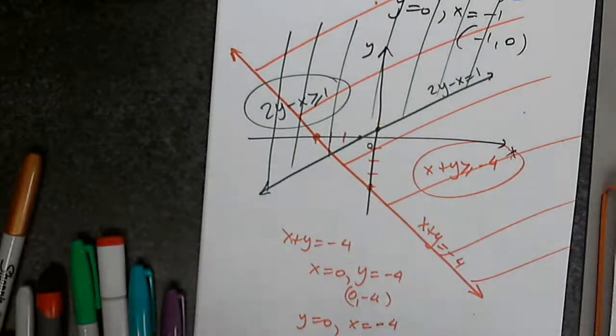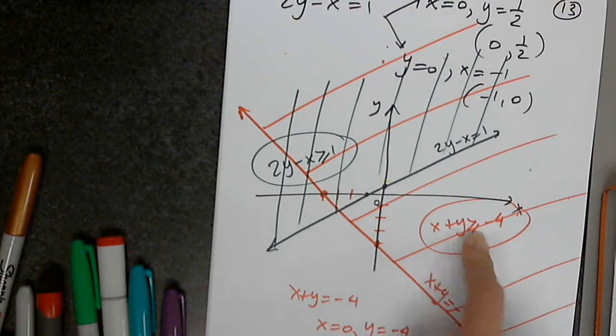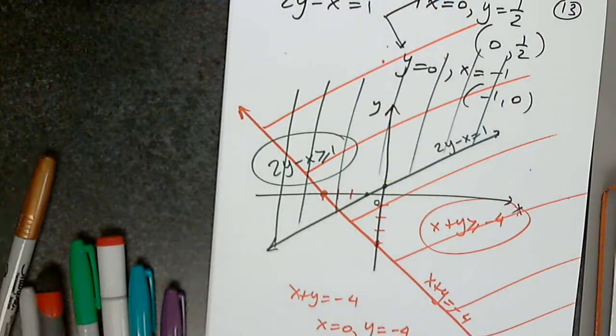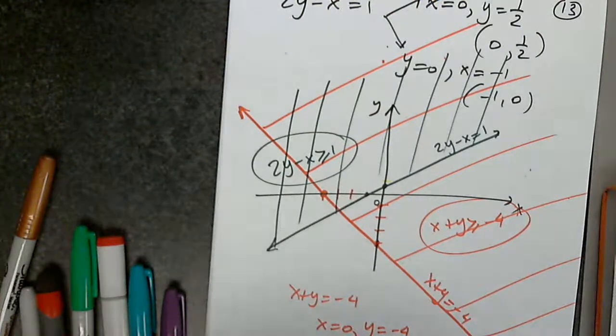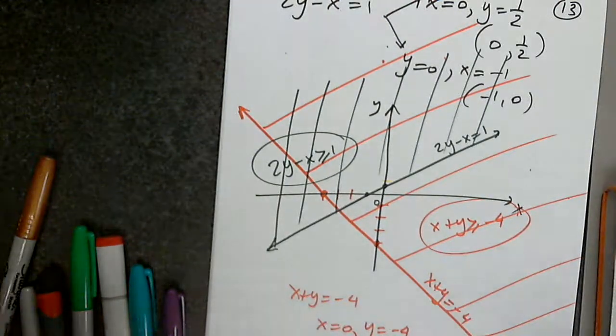And this, everything in orange is the territory representing solutions to this. Everything in green is the territory representing solutions to the other one. Now what do I do with the green and orange? I intersect them because I want to find the common territory.